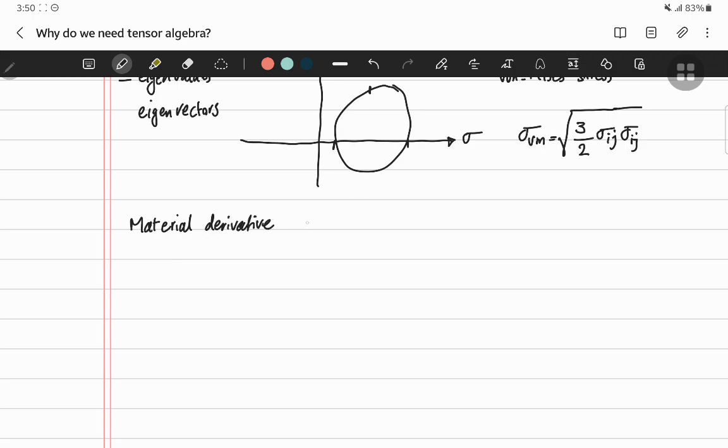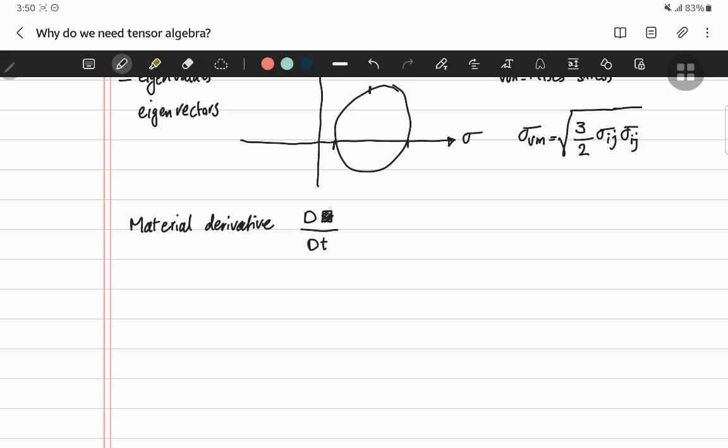This concept says that if you take the derivative of some parameter, let's say you have a parameter right over here, which could be a tensor, whether a zeroth-order tensor or scalar, or a vector, which is a first-order tensor, or a second-order tensor and so on.